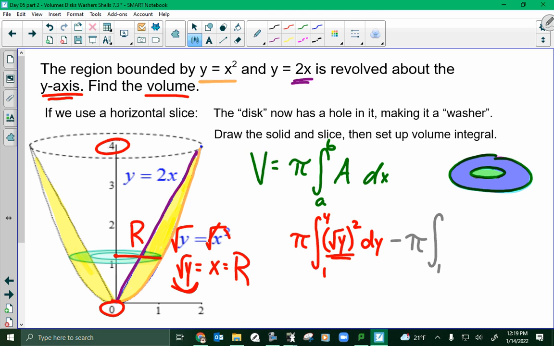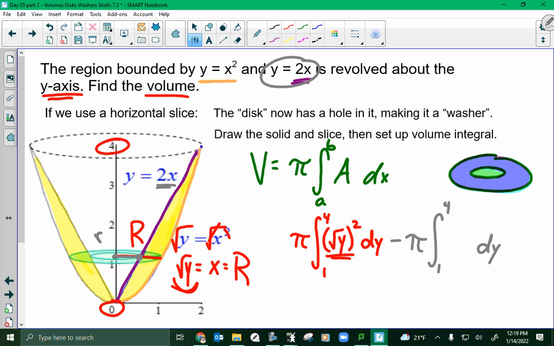It's still from 1 to 4, my y's, it's still dy, but my smaller radius goes from here, the center, only to here, which is this equation, okay? That purple line, and the purple line is this here. Now again, I want that. That's my little r. We'll call the gray one little r. The big radius is capital R. And that small radius is my lowercase r.